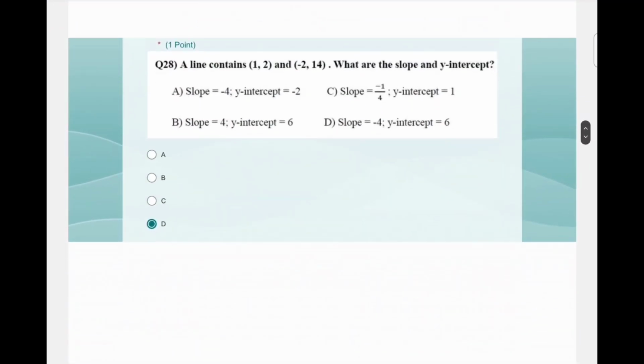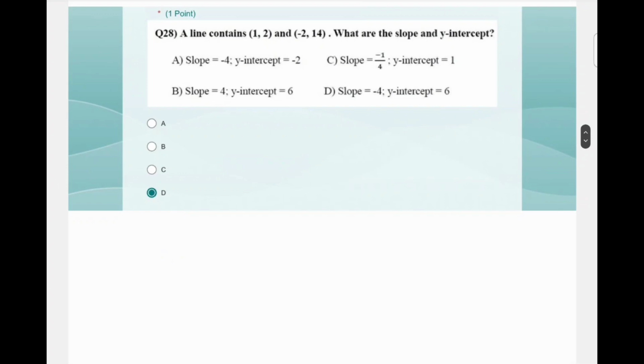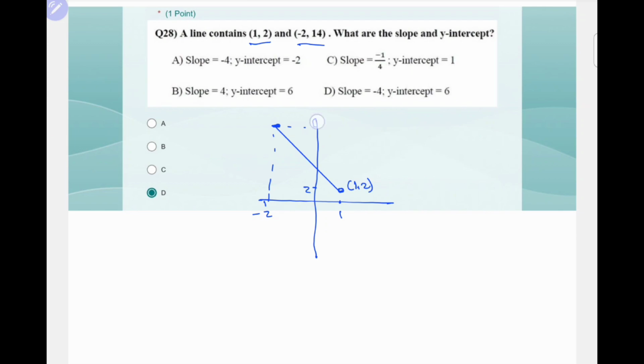The last question we have in this video. A line contains 2 points, (1, 2) and (minus 2, 14). Just a quick sketch. So you have 1 and 2, and you have minus 2 and 14.